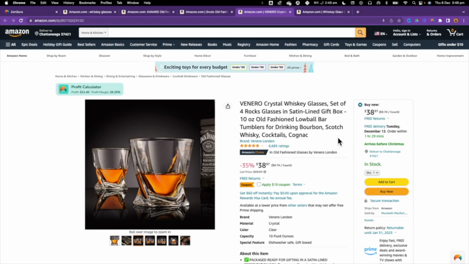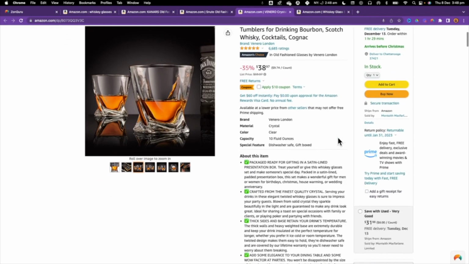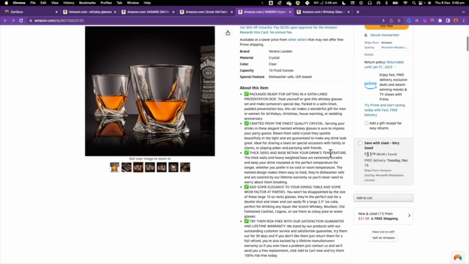So let's take a look at the bullet points. Now, it is technically against terms of service to have the little tick marks and to have the all caps in there, but we see listings doing it all day long. So, you know, it's up to you.